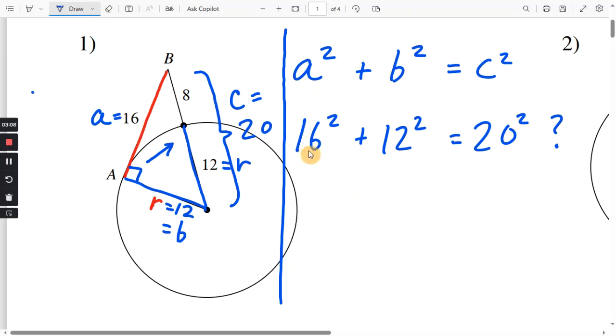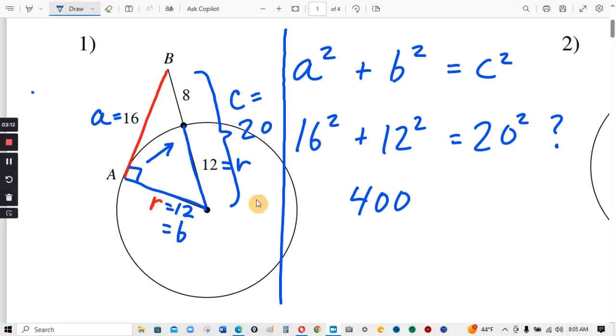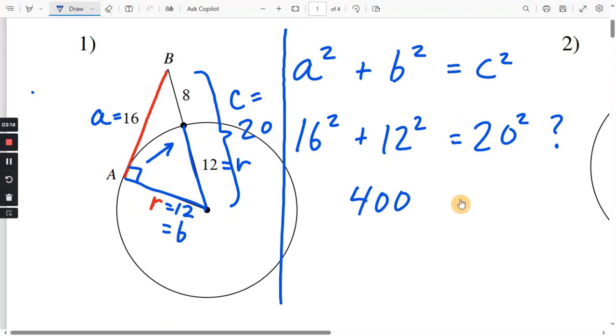Let me go to the calculator. 16 squared plus 12 squared, and I get 400. Now, 20 squared I could do in my head: 2 times 2 is 4, and since it's squared, I just add two zeros. If you can't do it, just go to the calculator. Does 400 equal 400? Yes. So that means AB is tangent.